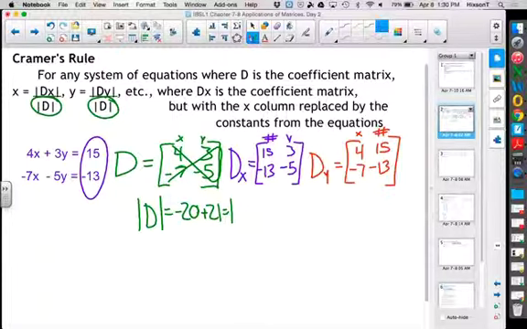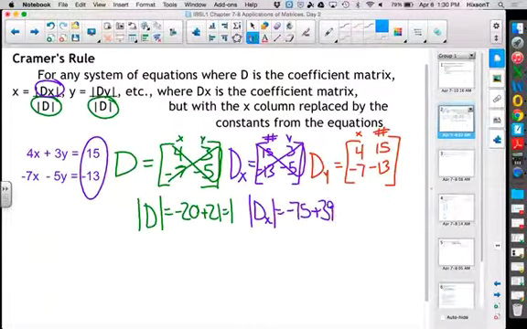So now we need to find the determinant of D sub x. The determinant of D sub x is 15 times negative 5 minus 3 times negative 13. So that's a negative 75 minus a negative, so plus 39. And that comes out to negative 36.